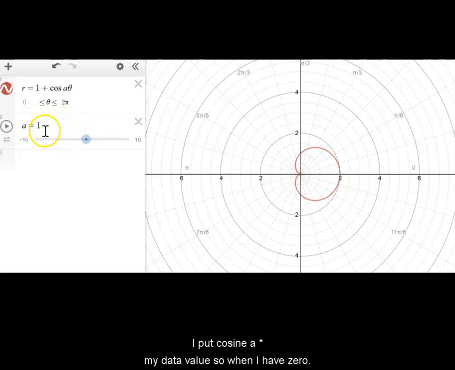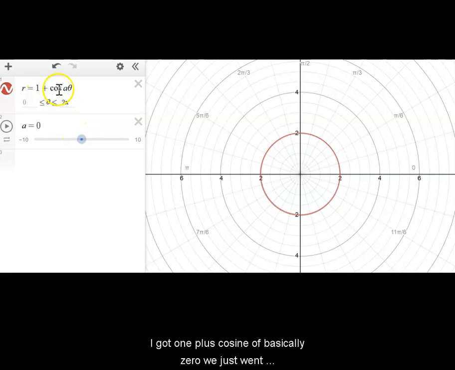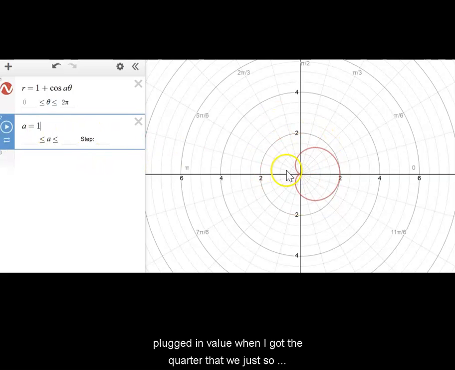So when I had 0, I got 1 plus cosine of basically 0, which is 1. So 1 plus 1 is 2. That's a radius of 2. When I plugged in a value of 1, I got the cardioid that we just graphed.